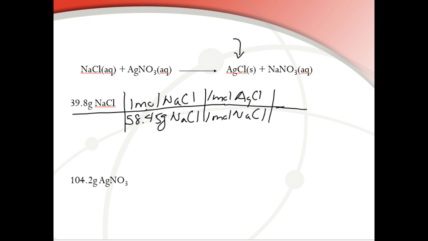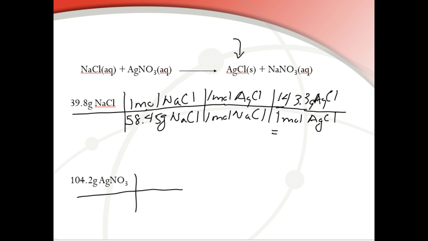If we look at our molar mass for AgCl, we get 143.3 grams of AgCl in 1 mole of AgCl. Now we have to do the same thing. So if we look at our molar mass for AgNO3, we get 169.87 grams of AgNO3 in 1 mole of AgNO3.